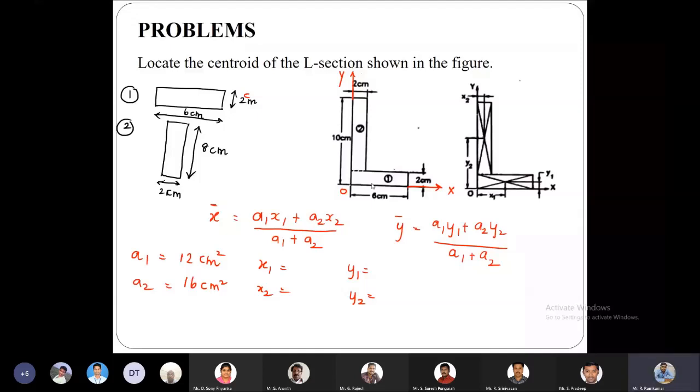Similarly, for finding y bar, we will be using a1 y1 plus a2 y2 plus a3 y3 minus a4 y4, everything divided by a1 plus a2 plus a3 minus a4. The main thing we have to know is that if you are having any cavity in our given composite plane figure, we have to subtract that while finding the x bar and y bar values.